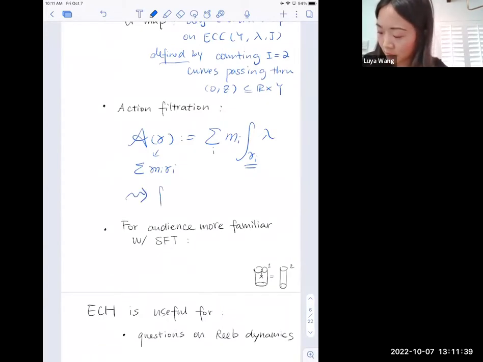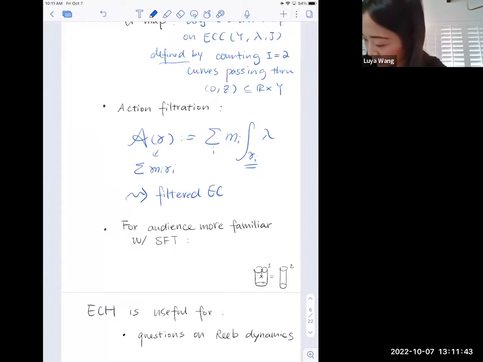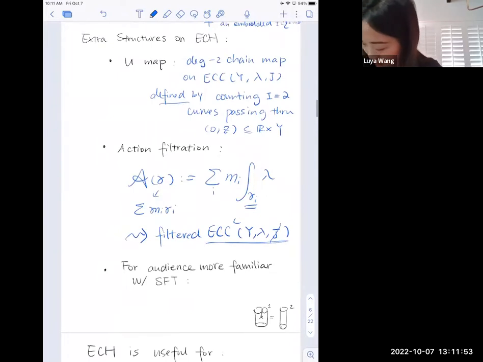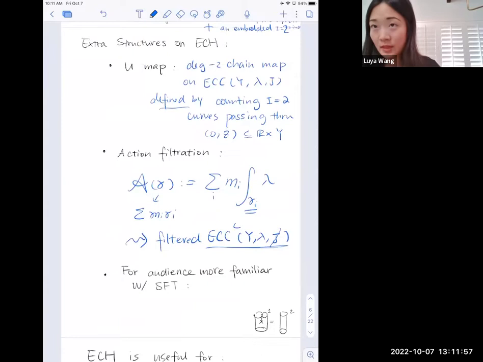This gives you a filtered ECC complex of (Y, lambda, J), and it's actually shown that this complex is independent of J, so I can just get rid of J.